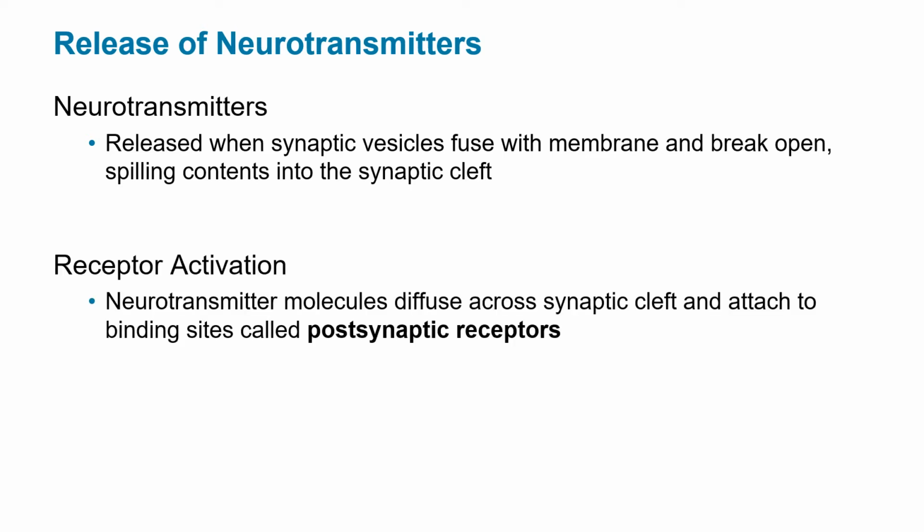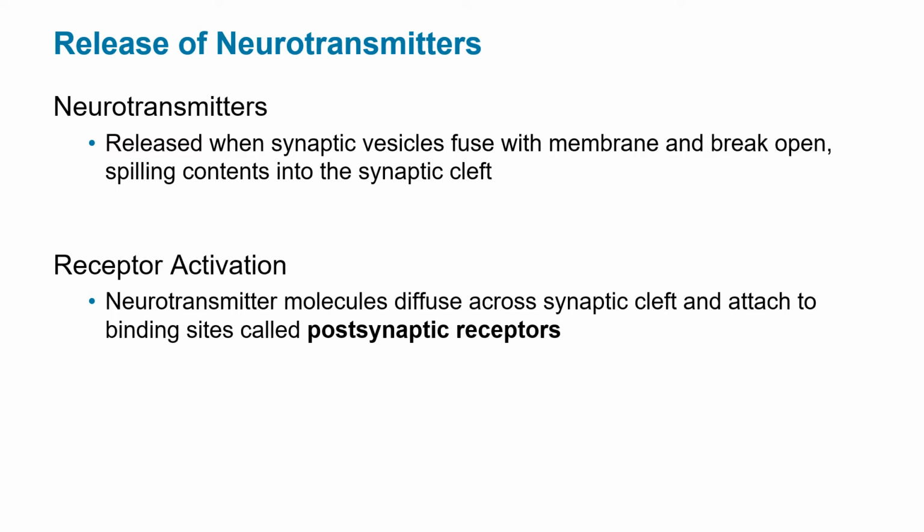Then you get receptor activation. This is where these neurotransmitters diffuse across and attach to specific binding sites called postsynaptic receptors. These postsynaptic receptors, again, are specific to individual types of neurotransmitters. So you'll have one that's for one neurotransmitter, but you'll have other ones nearby that are for another neurotransmitter, and other ones that are for another.